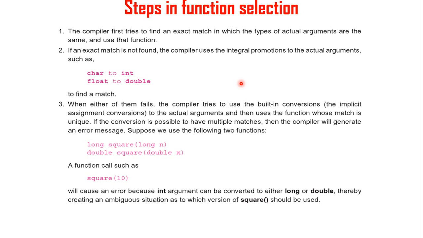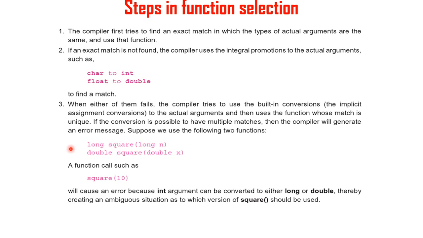With built-in conversions, we can do integer to character or float to character, like that. Many built-in conversions can be done; that is what will be there by default in the system.